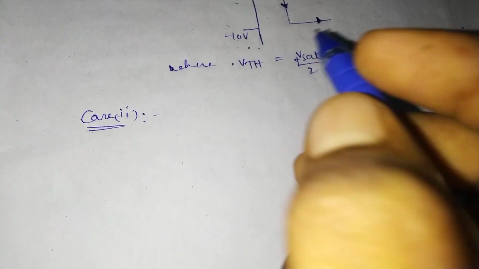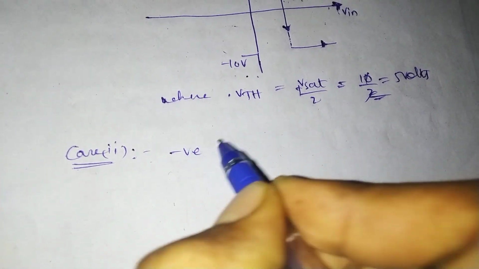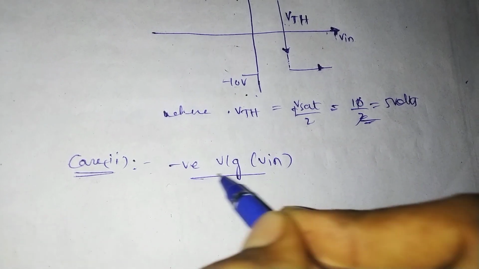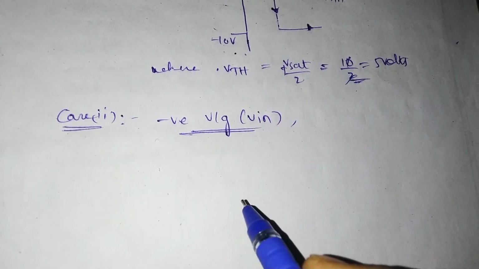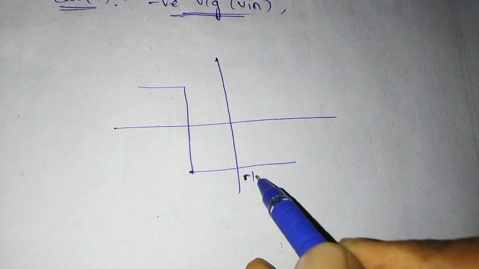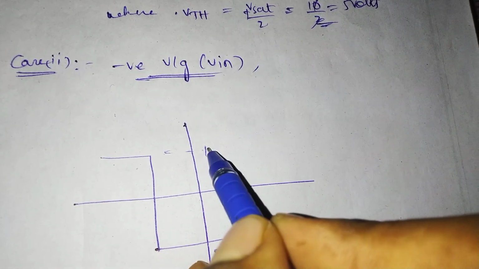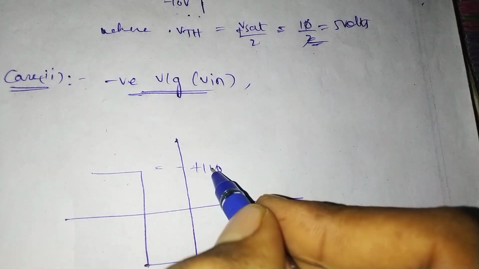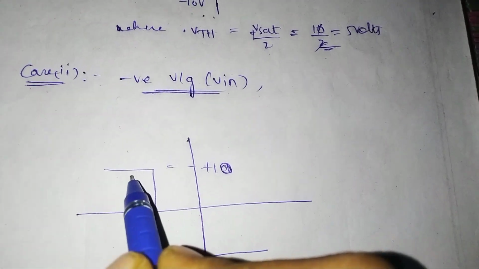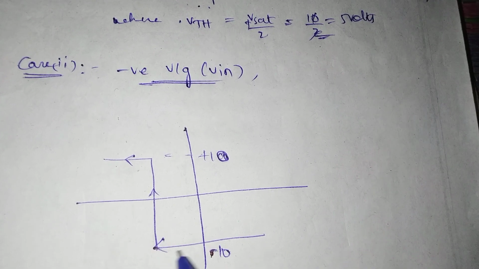Then case 2, negative input voltage. The transfer characteristics will be like this. This is negative 10 volts, positive 10 volts. The direction seems like this.